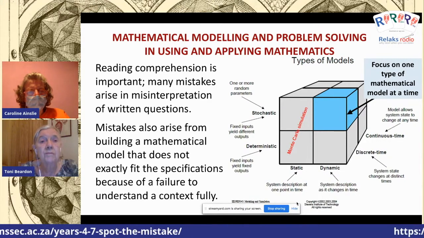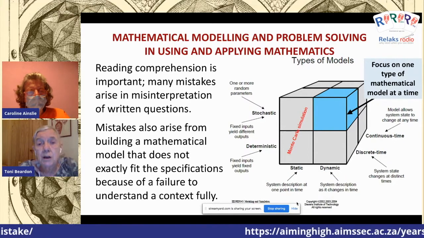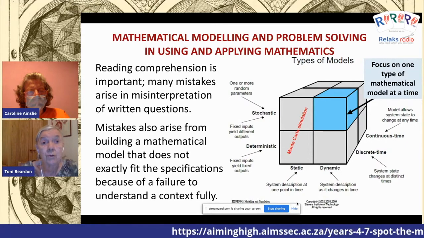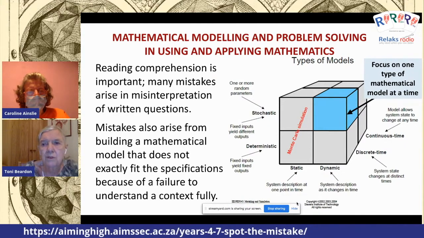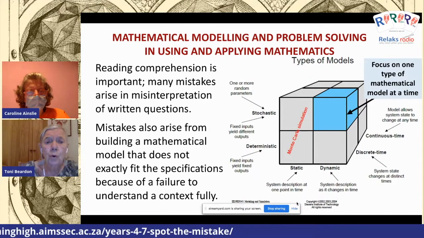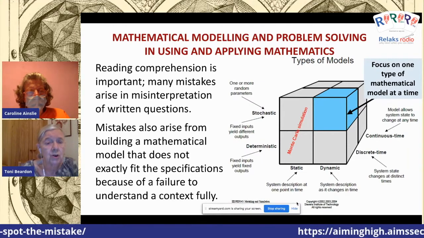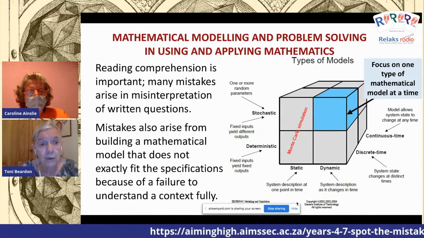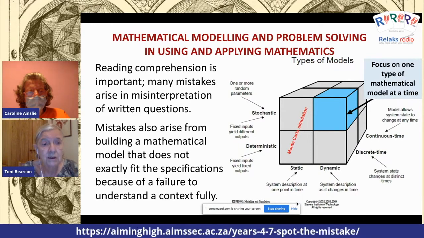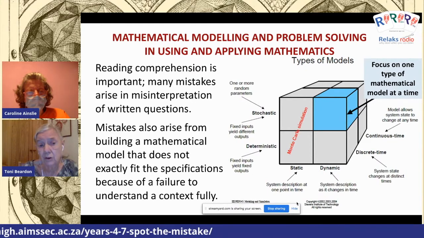When we've got a problem to solve in a real context, so we're actually using our mathematics for some good purpose, we're either presented with that problem, which somebody's written down, or it might be that we have a situation which we're trying to look around and understand, like the spread of COVID, for example, and then we have to build a mathematical model that exactly fits the specifications.